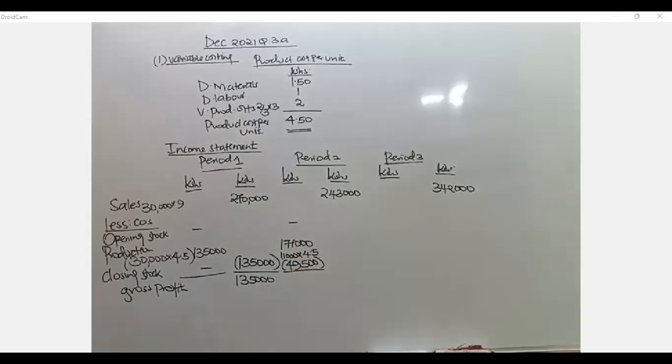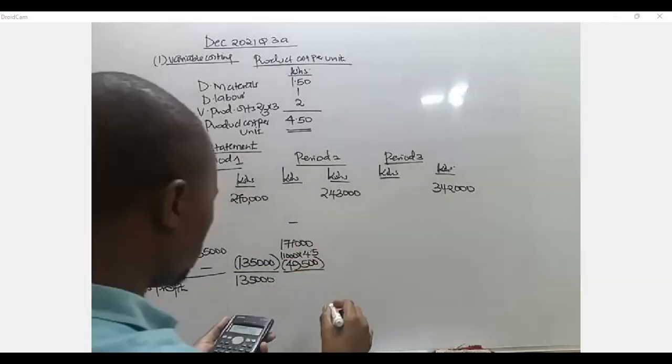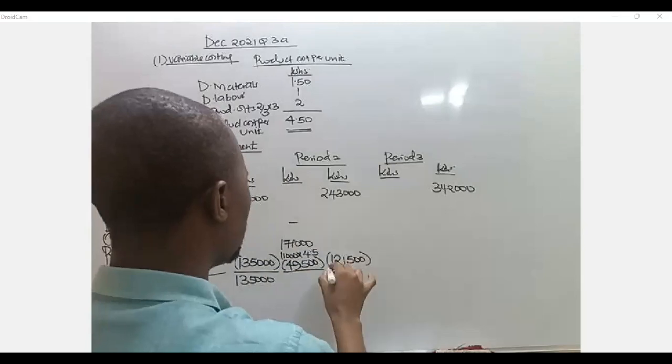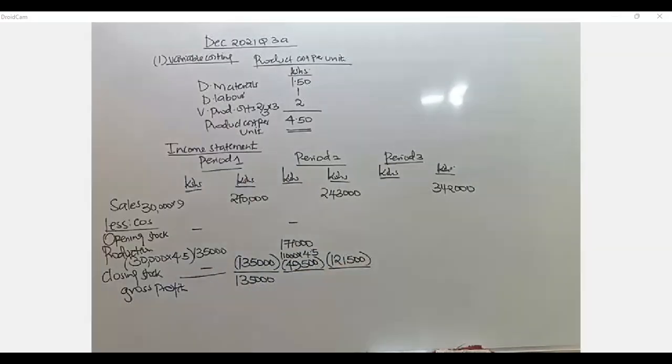So it will be 171,000 minus your answer, getting 121,500. So the first one will be 243,000 minus my answer, getting 121,500.